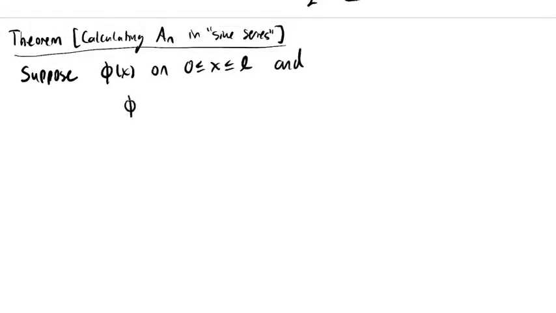Right, and so this theorem tells us how to use the previous theorem to calculate the coefficients. So the theorem is the following. Suppose I'm given a function phi of x, which is defined between 0 and L, and I know that phi of x is written as an infinite sum from n equals 1 to infinity of an times sine of n pi over L times x.